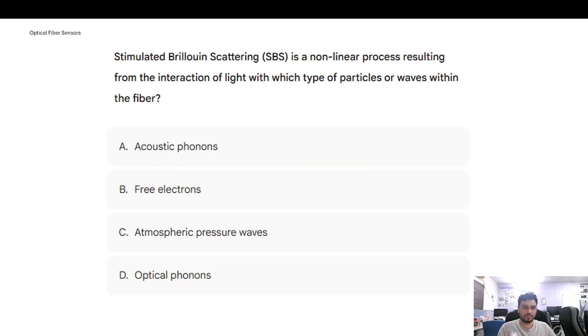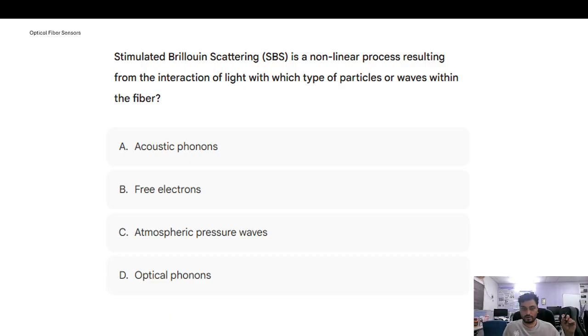Moving towards the next question. Stimulated Brillouin scattering (SBS) is a nonlinear process resulting from the interaction of light with which type of particles or wave within the fiber? Acoustic phonon, free electrons, atmospheric pressure wave, optical phonons. Option B, acoustic.